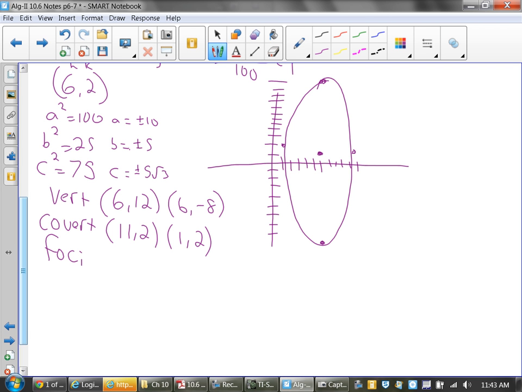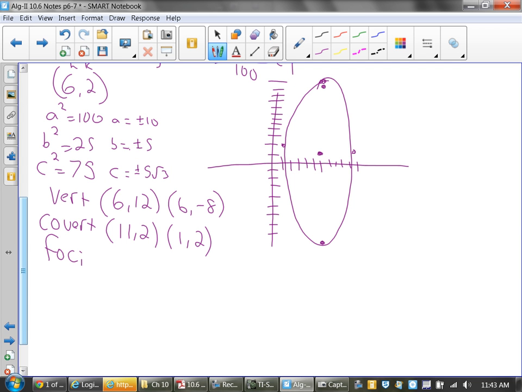Focus. Remember, the focus is always going to be inside the curve. The curves always look at the focus. In this case, it's the C value, that square root of 75. The square root of 75 was more than the square root of 64, but less than the square root of 81. So it's 8-ish. So I'm just going to add 8-ish.